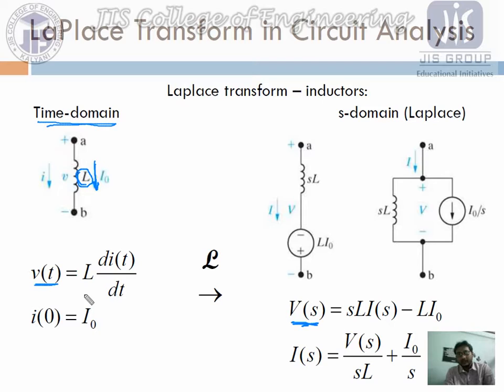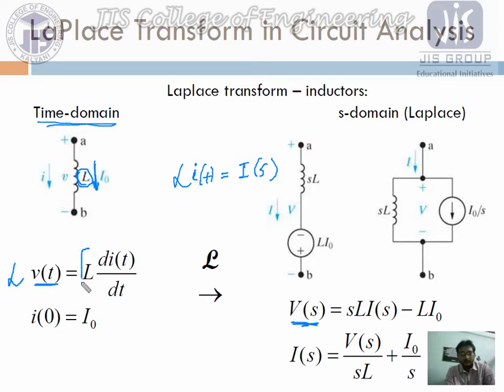And next is L into di dt. Di dt is nothing but the derivative of I of t, and normally we know I of t is the time domain function, and if we consider the Laplace of I of t, it will obviously be I of S. But look at the thing carefully: whenever we are going for the Laplace transformation, we are going for the Laplace transformation of the overall portion.